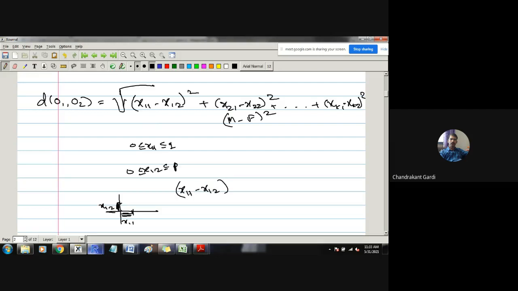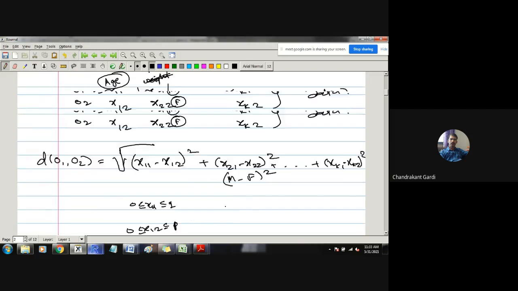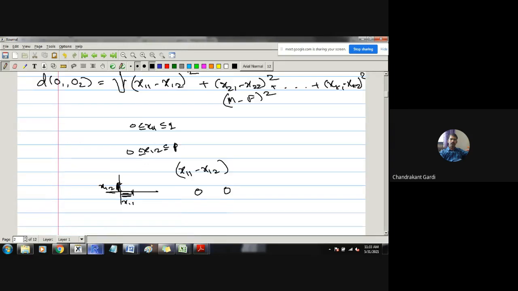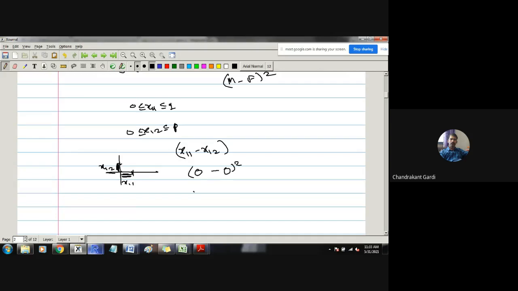It may happen that x11 is 0 and x12 is also 0. In the first column this was the minimum, and in the second column this was the minimum, and therefore both values have been mapped to 0, so we get (0 minus 0) bracket square. This is one case. Or x11 was the minimum and x12 is the maximum in that column, so it will be mapped to 1. So this difference will be (0 minus 1) bracket square.